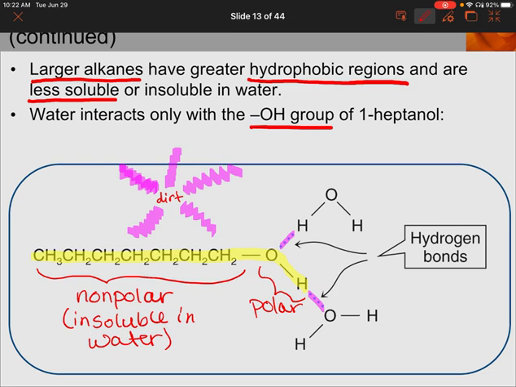So this little structure that soap forms is called a micelle. And it's very similar to how this alcohol is interacting with water down below.